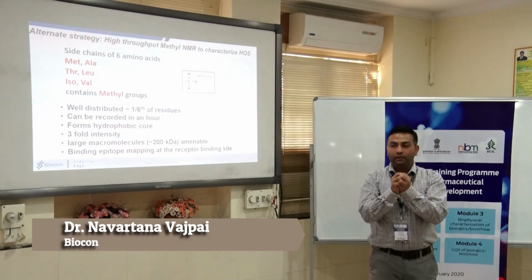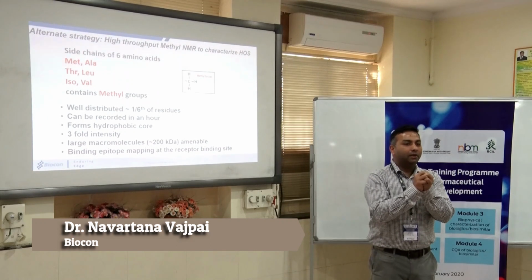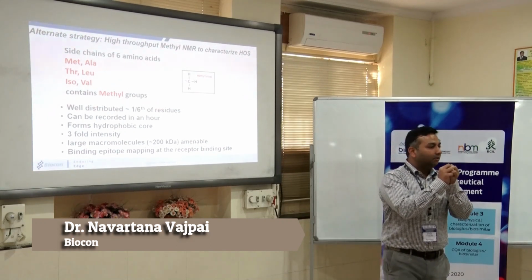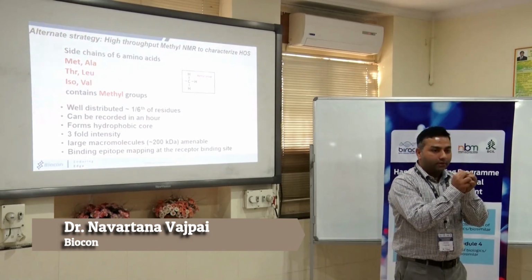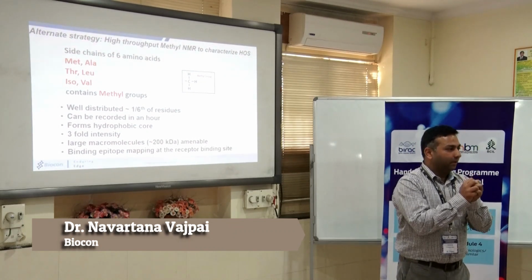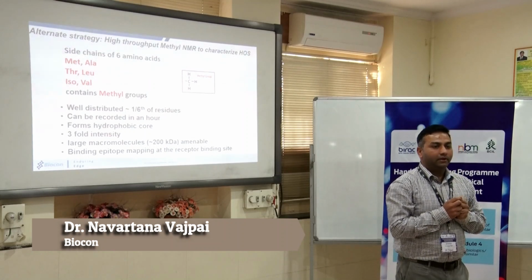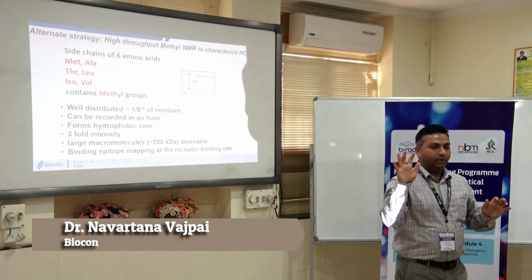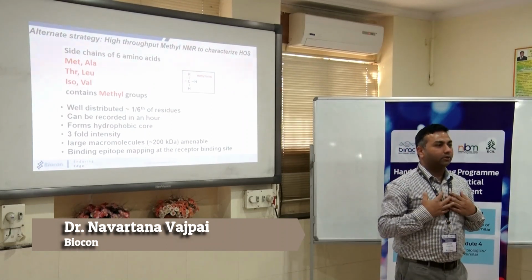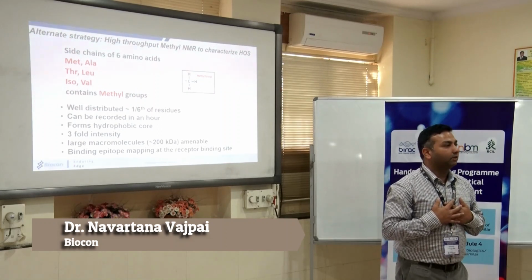So if I see a difference in the methyl NMR spectrum, it means my three-dimensional structure is perturbed, or it's not the same as the innovator's structure. So essentially, I have a beautiful fingerprint to tell whether my protein of interest, or the biosimilar product produced by us, is the same as the innovator product.